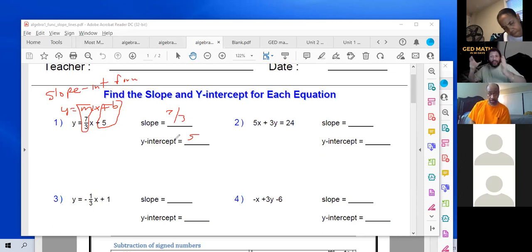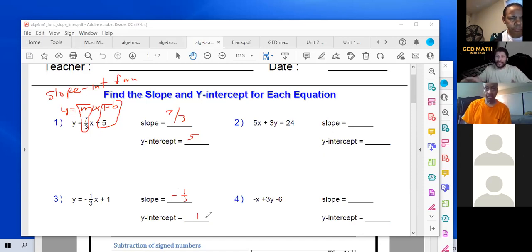That's how easy you should be able to find the slope and the y-intercept from a linear equation in slope-intercept form. Now, for number 3, what would our slope be? Negative 1/3. And what would our y-intercept be? 1. Not hard at all, correct?